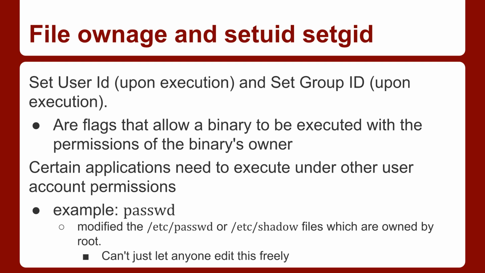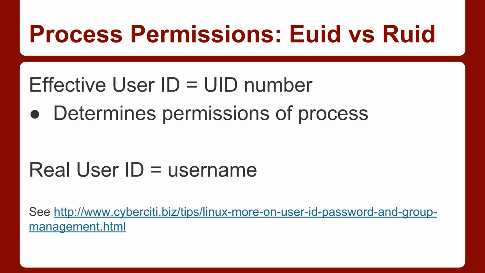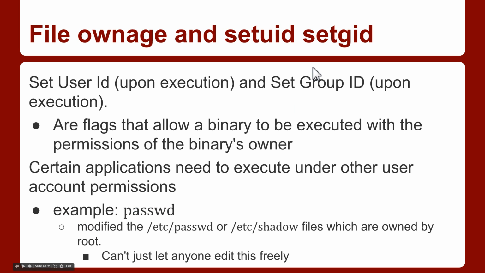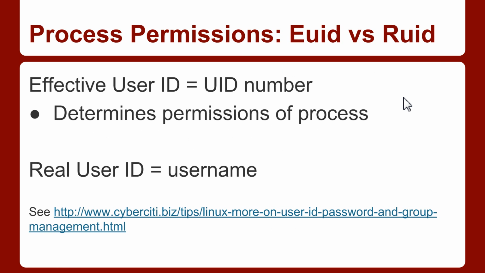So you don't want to just let anyone do this freely, and there's tons of other examples of this application. So setgid is very similar. It denotes what group ID this should be run as when you run a binary. And another thing to consider is that when a process is running, the effective user ID is the UID number.